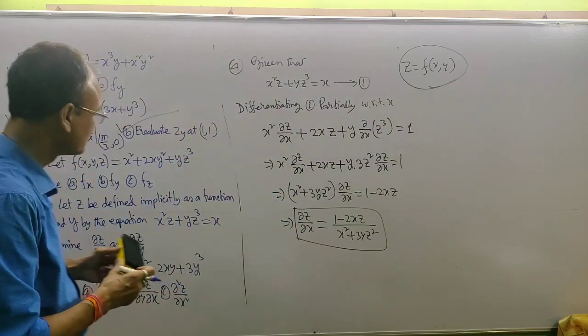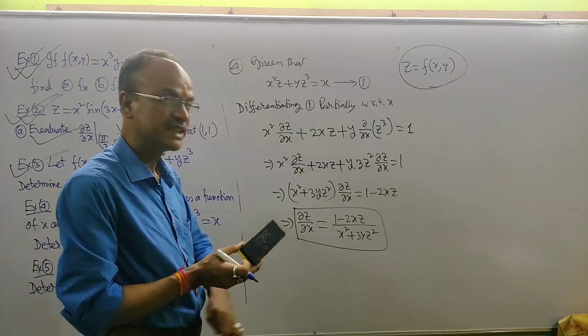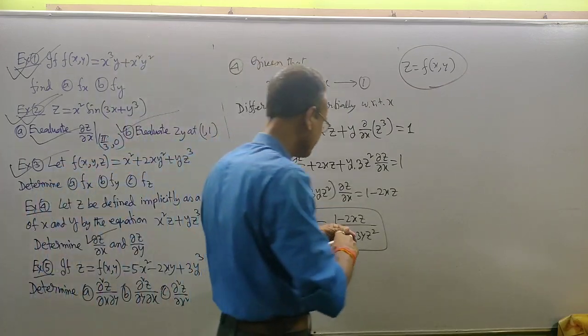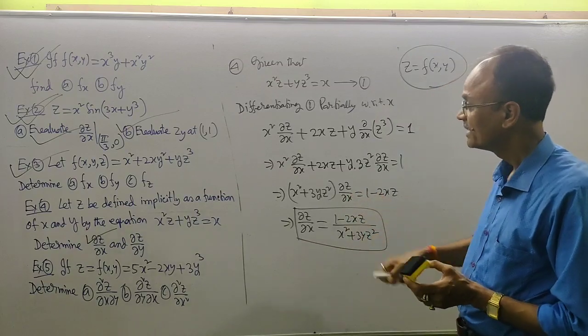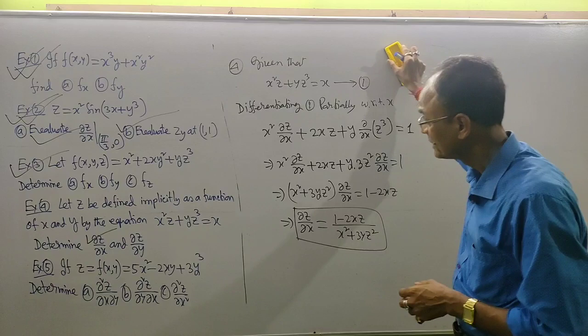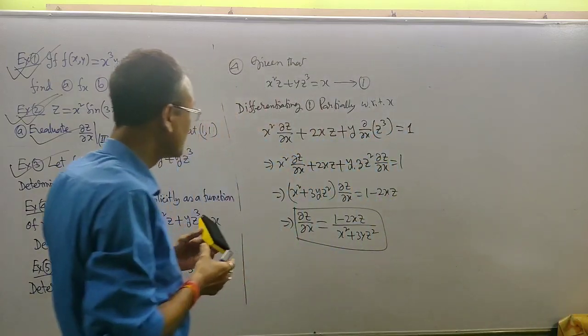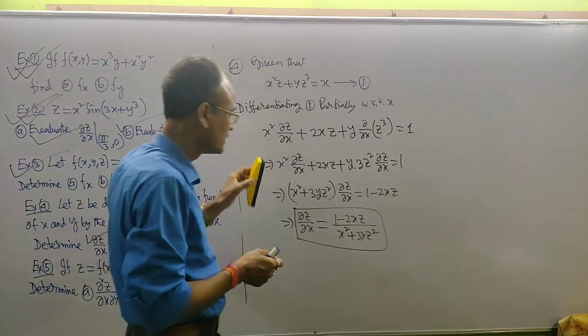This will be the answer, del z by del x. Now, we have to find del z by del y.